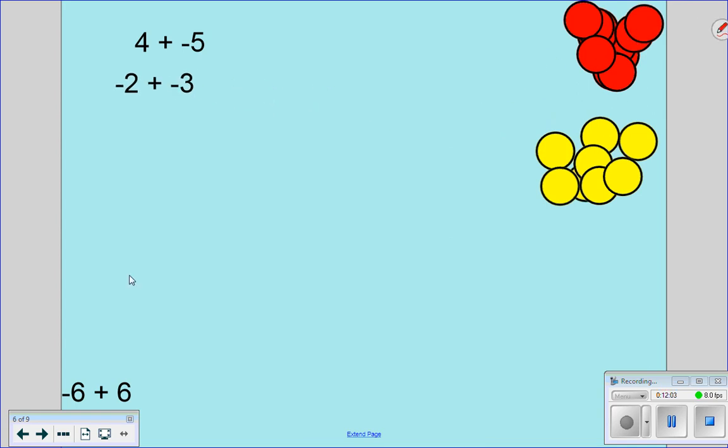Let's try negative 4 plus 6. How about you try it by yourself? Whether it's on your board or you want to do an example in your notebook or whatever, it's up to you. Some of you probably know the answer already because you can kind of start figuring it out in your head.